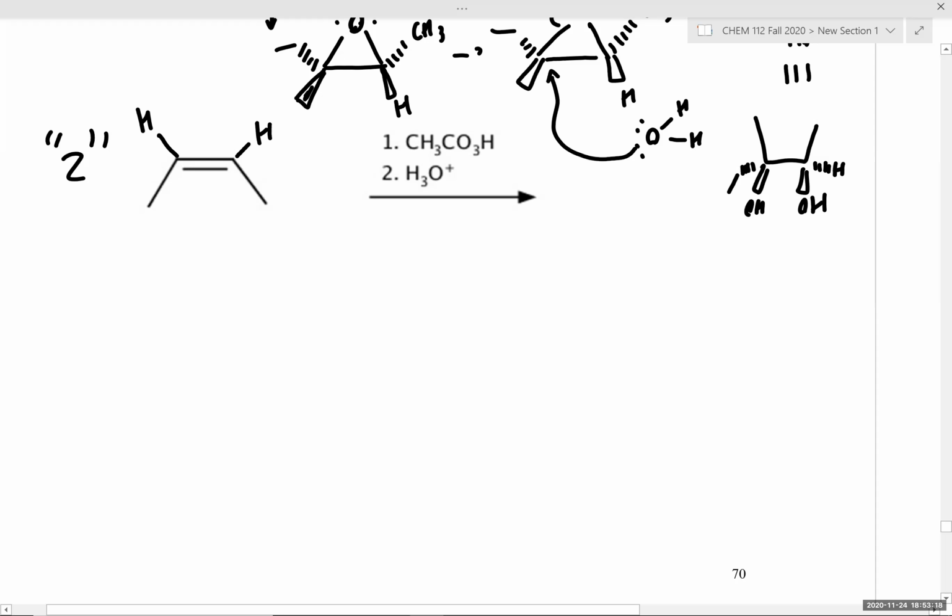So let's try to share our responses for the stereochemical outcome of the following reaction using the annotate tool.